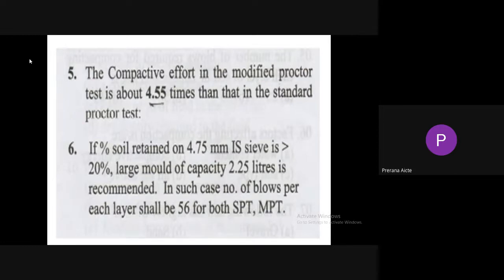Actually in the standard Proctor test it is 25 blows and also in the modified Proctor test it is 25 blows. But here if the percentage retained on the 4.75 mm IS sieve is greater than 20%, we need to use a large mold of capacity 2.25 liters and the number of blows is also 56.